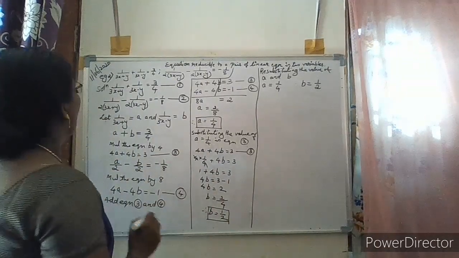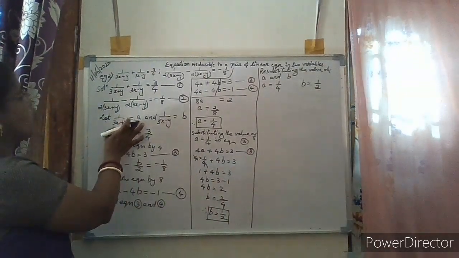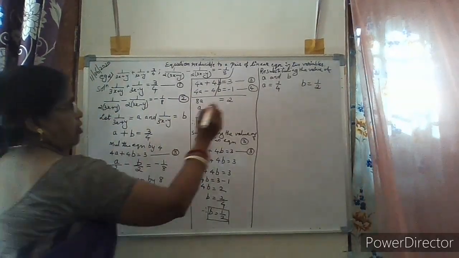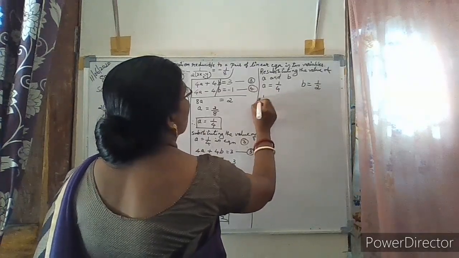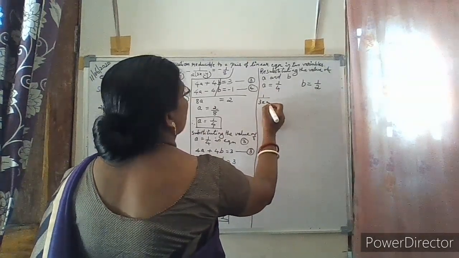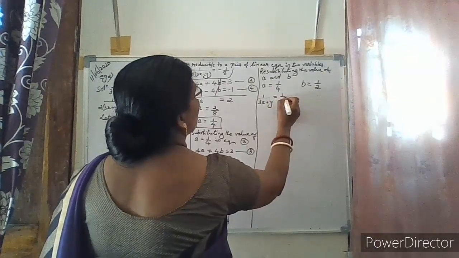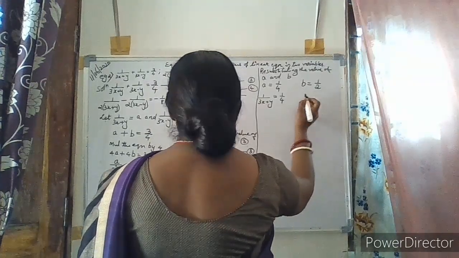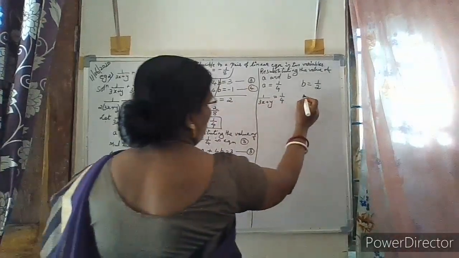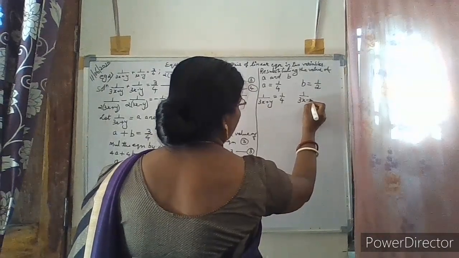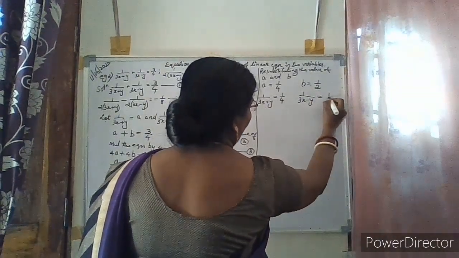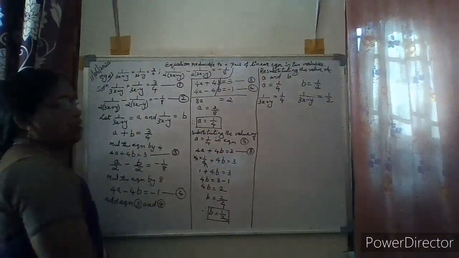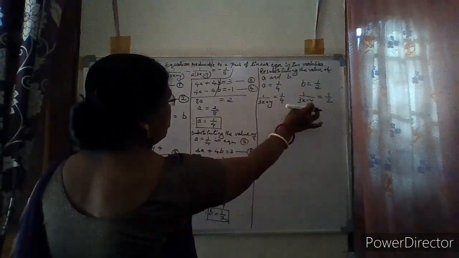But we have substituted a as 1 by 3x plus y. So a is equal to 1 by 3x plus y equal to 1 by 4. And here b is equal to 1 by 3x minus y is equal to 1 by 2. In place of a, we have written the a value, and in place of b the b value is there.